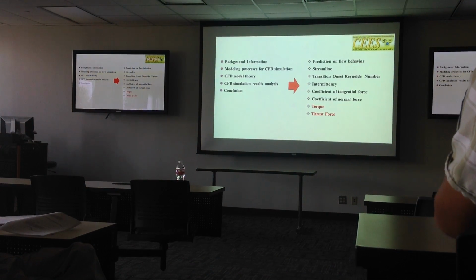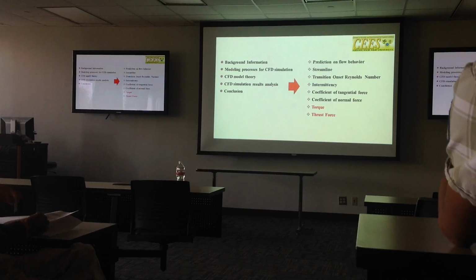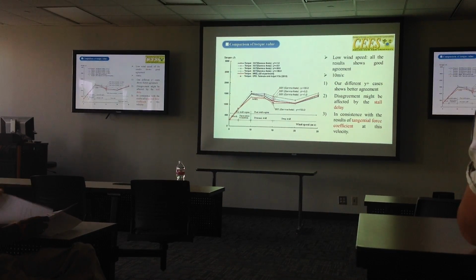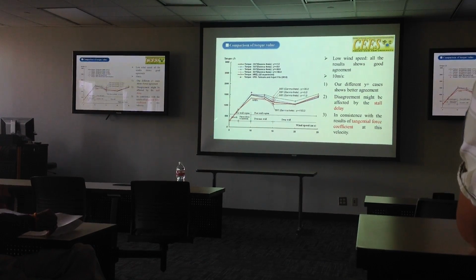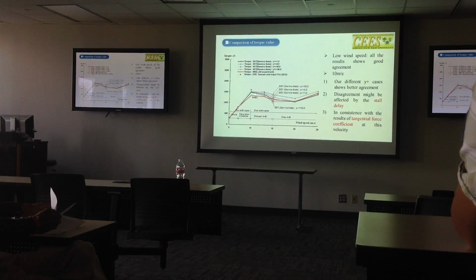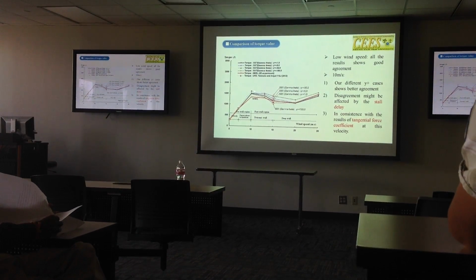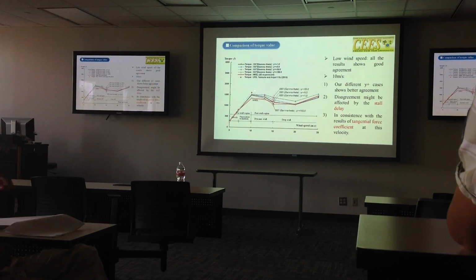Okay, now the last important parameters, the torque and the thrust force. This is the result for the torque. You can see that at low wind speed, it is in good agreement. And for the 10 meter per second case, our Y plus cases showed better agreement than the one from another author, the red point.